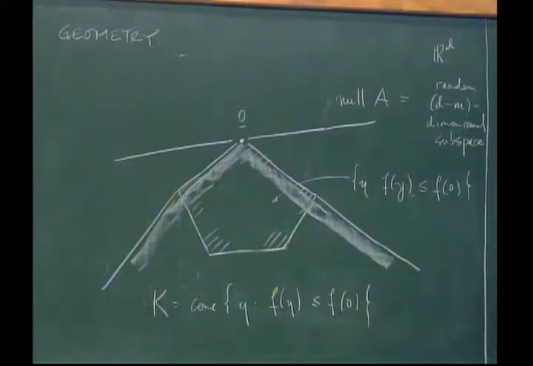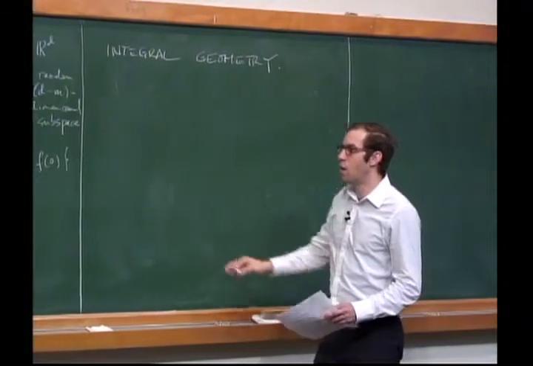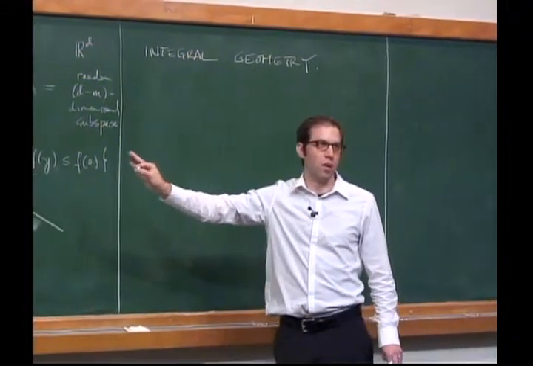Okay. So, that seems like it could be a hard problem. But it turns out that there are exact expressions for this kind of question that come from the field of integral geometry. So let's start out with the simplest case here. And now I'm going to abstract away the optimization problem for a little while.